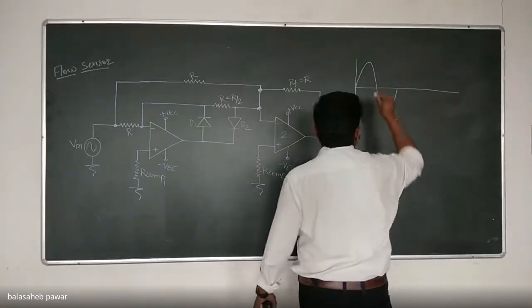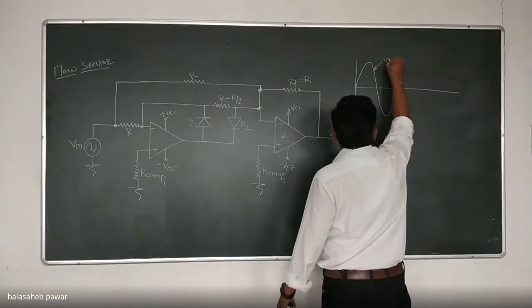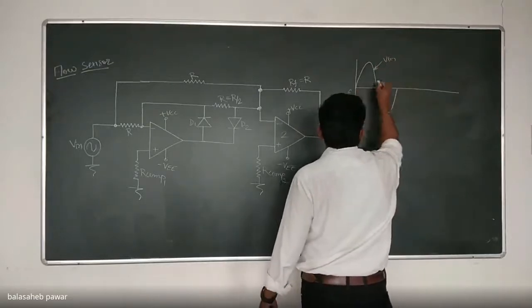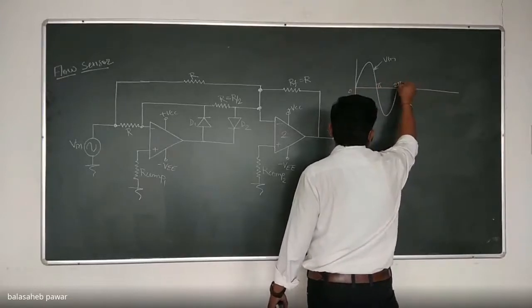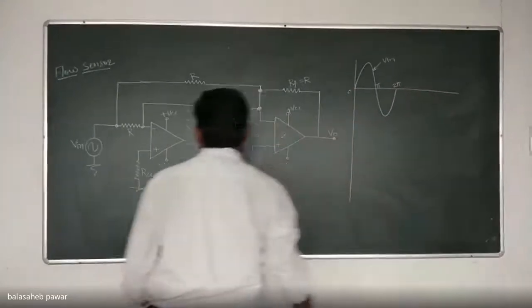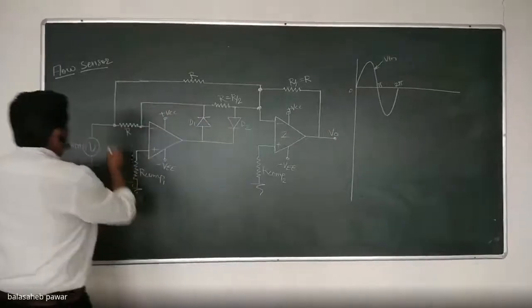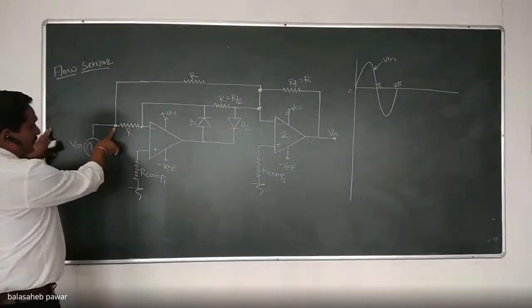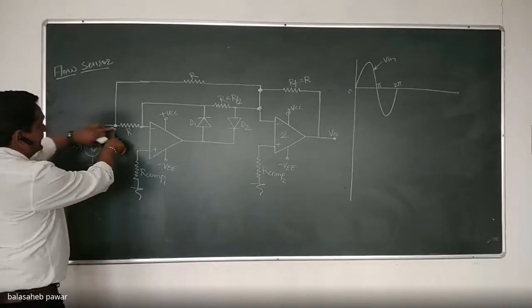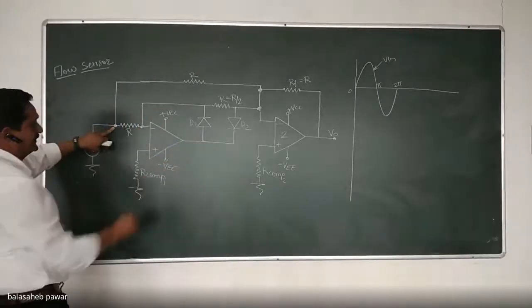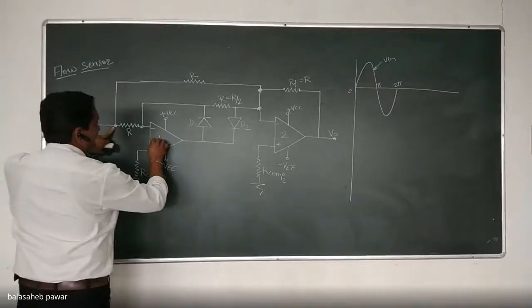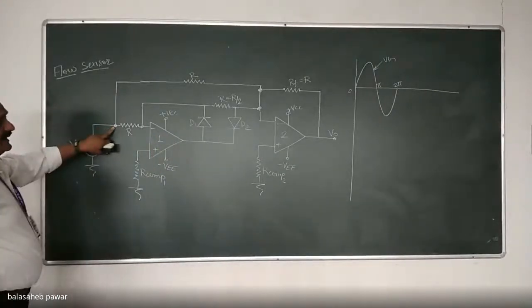Suppose this is our input signal Vin, 0, then pi and 2 pi. For the time period 0 to pi, the signal available at this node is nothing but the input signal of the first op amp as well as one of the inputs of the second, as the second op amp is working as an adder.